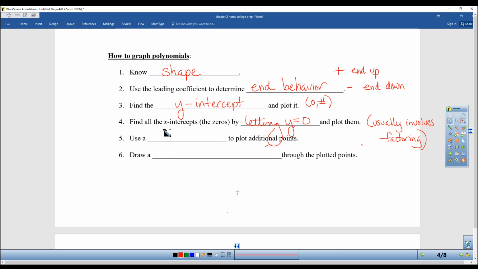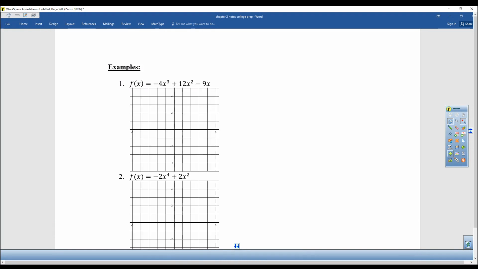Use a table to plot additional points if you're getting stuck, and then draw a continuous curve. Make it nice and smooth. Continuous, smooth curve through the plotted points. All right, let's do some problems.